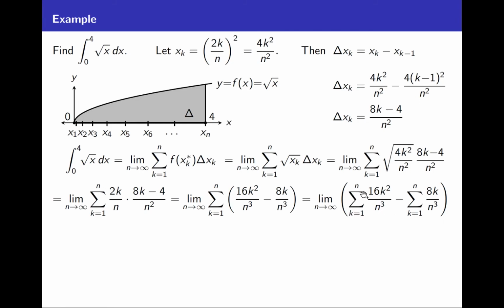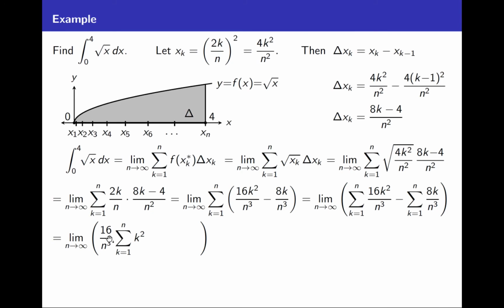In this sum, n, you think of it as a constant. It's going to infinity, but right here in this sum, it's some constant, like a big number. In the sum, we have 16 over that constant cubed times k squared. We could factor the 16 over n cubed right out of that sigma by one of our sigma properties, and the same for the 8 over n cubed.